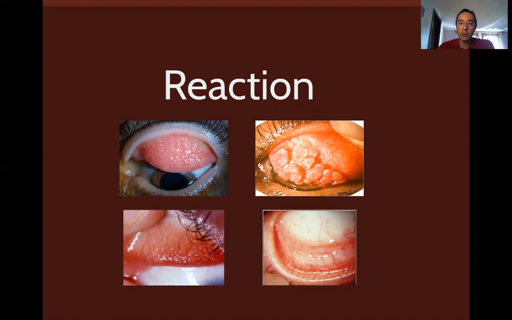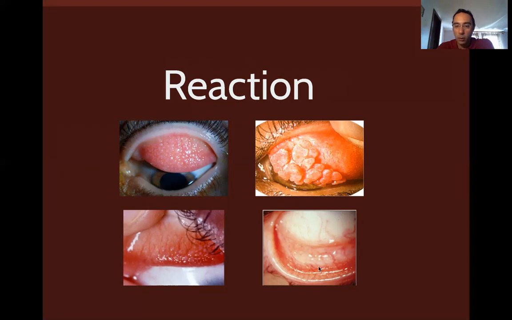This papillary reaction may be caused by foreign bodies, bacterial infections, and some allergic reactions. The most common foreign body, you should know, is the contact lens. So every contact lens wearer may have a papillary reaction to some degree.